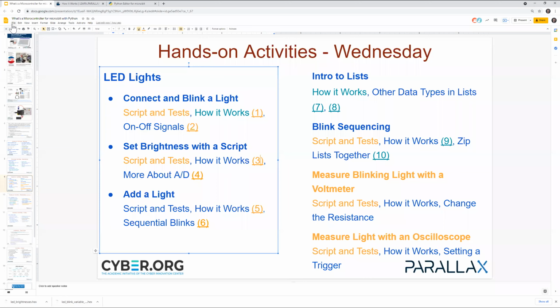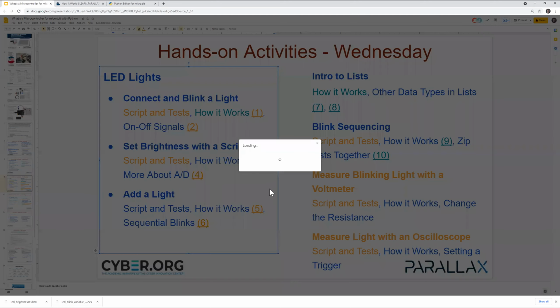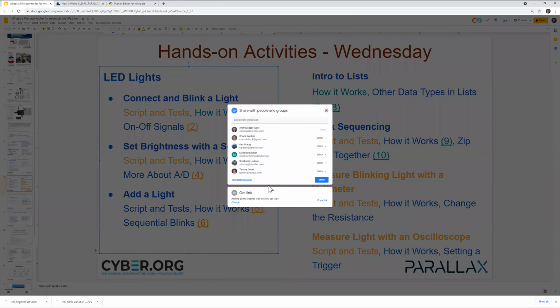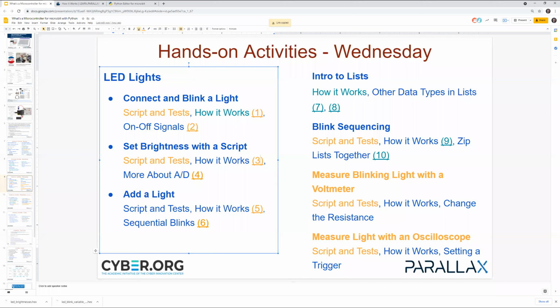It'll be much smoother, so what we just did is switch from 4 different brightnesses to 1024 different brightnesses. File, share, copy link. Okay, here is a repeat of the link to the slideshow. Definitely save that for later. It's a good thing to be able to return to.